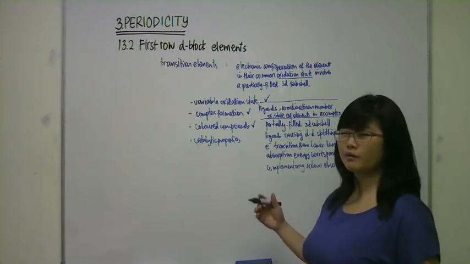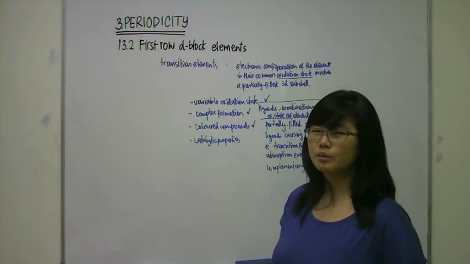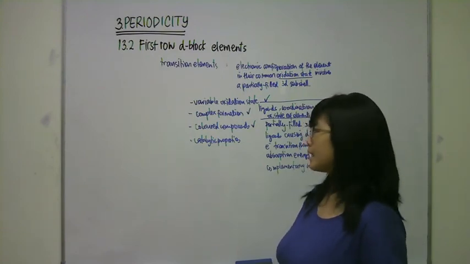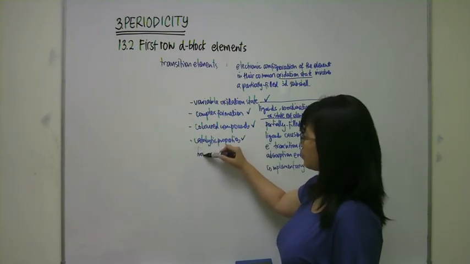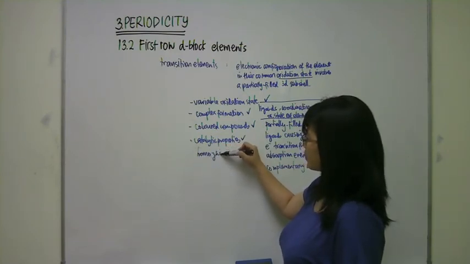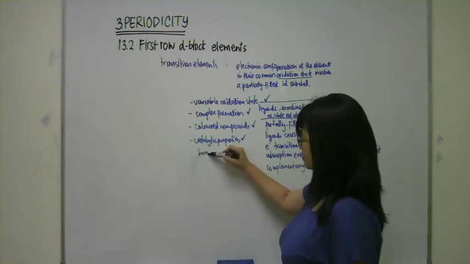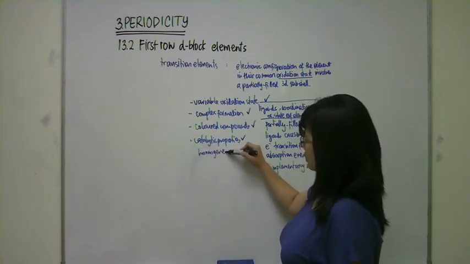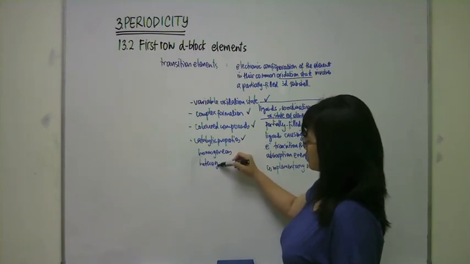They won't give you 5 marks for this. They will see if once you have like 3 points, then they'll give you 3 points. Yeah. Then the last one will be about catalytic properties. So you need to be explaining about homogeneous and heterogeneous catalysis.